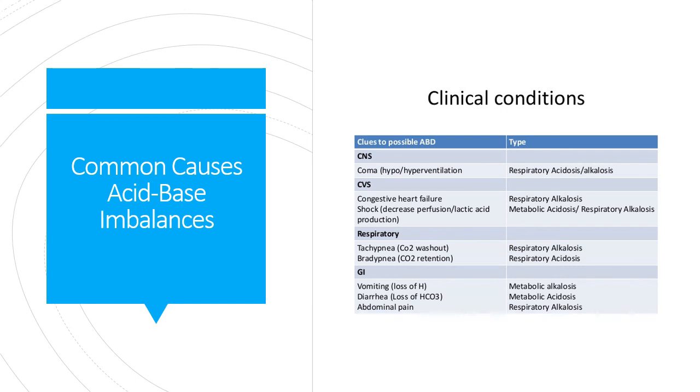The GI system, vomiting, loss of hydrogen ion, would result in metabolic alkalosis. However, diarrhea or loss of bicarb would result in metabolic acidosis. Abdominal pain could be respiratory alkalosis due to increased respiratory rate and pain.